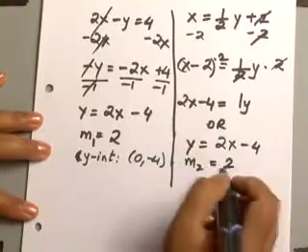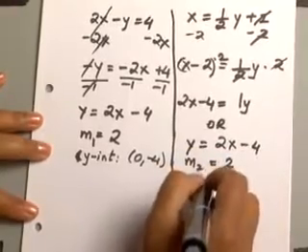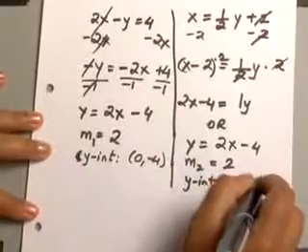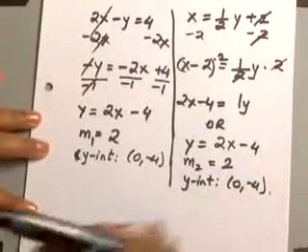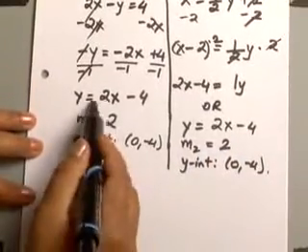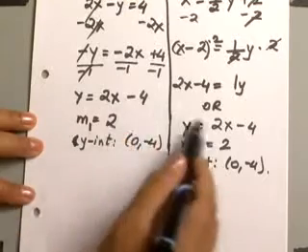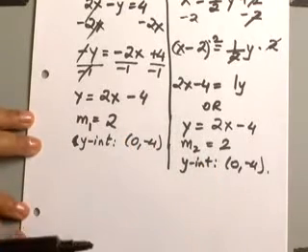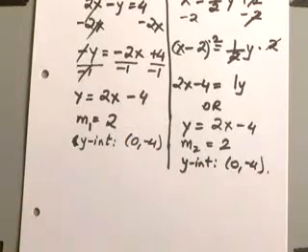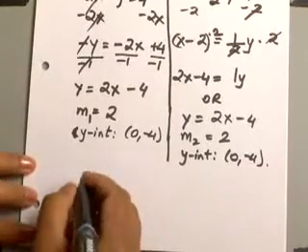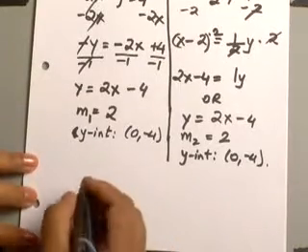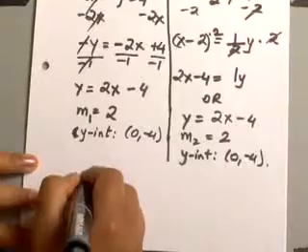Again, you'll see you have the same slope and you have the same y-intercept. And of course, the two equations also look exactly the same. So it's safe for us to conclude that the equations are exactly the same, which means their graphs are the same line.